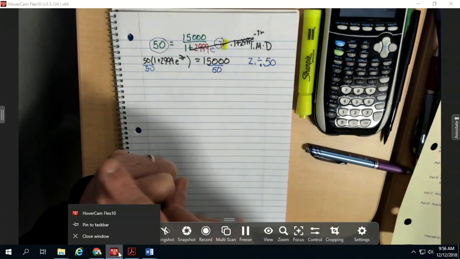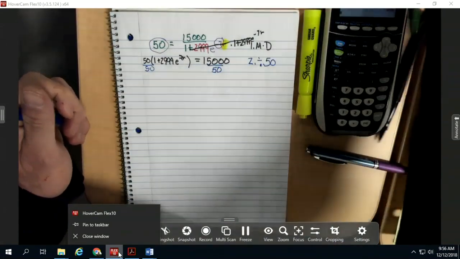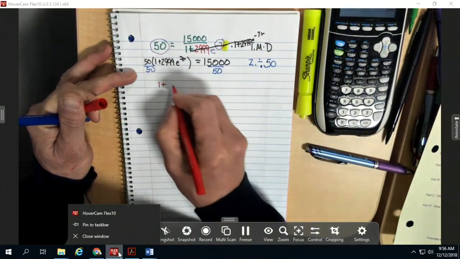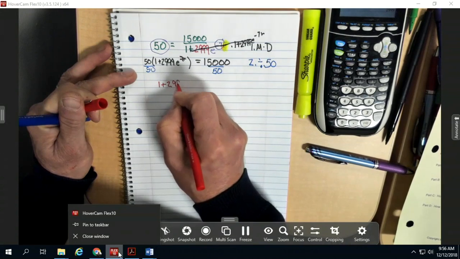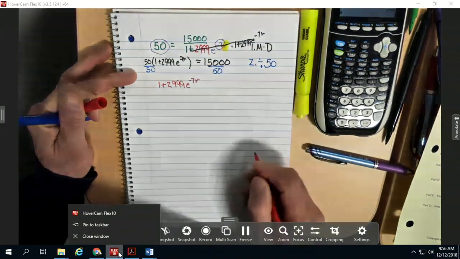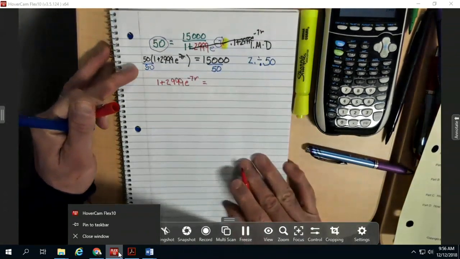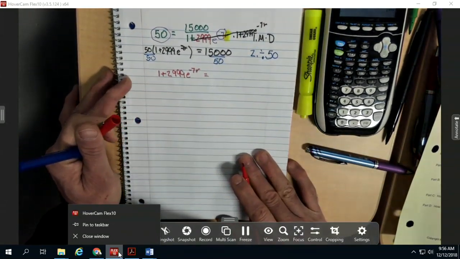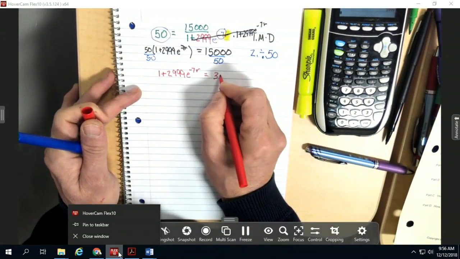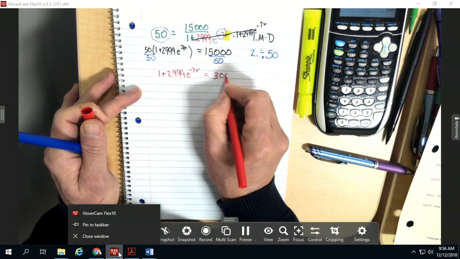And what will we have? 1 plus 299 e to the negative 7r will equal how much? Is it 300 or 3,000? 300.